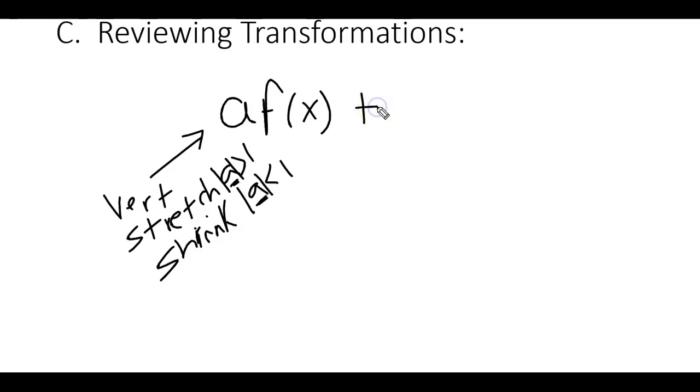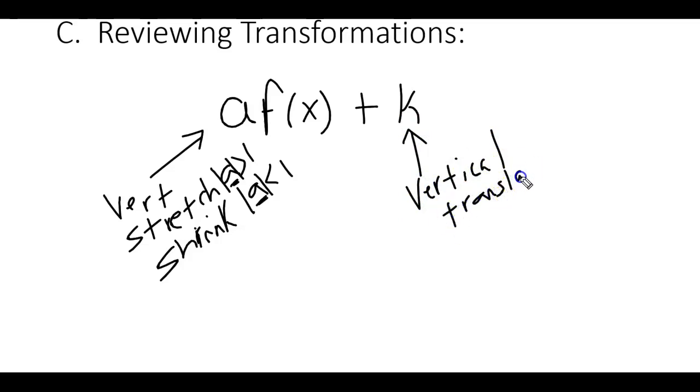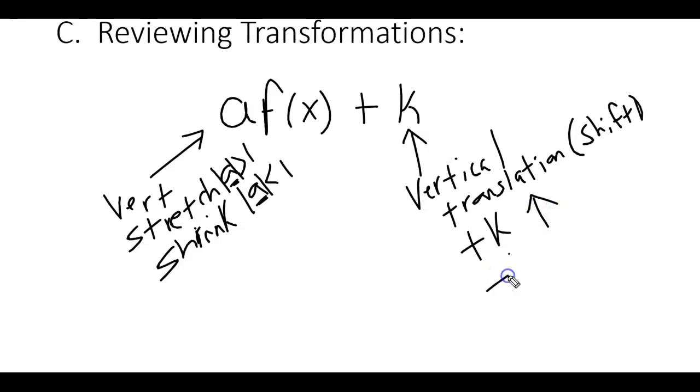Another transformation we talked about was adding a number k out here. That's a vertical translation. A less fancy word for that is a shift. So if it's a positive k, we're adding k, then it's a shift upwards. If it's a negative k, then it's a shift downwards.